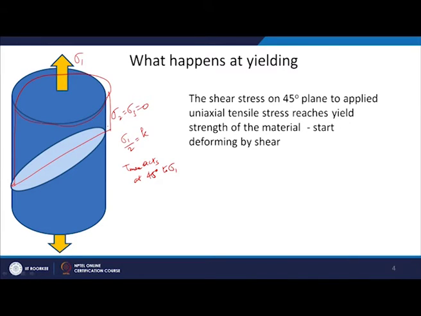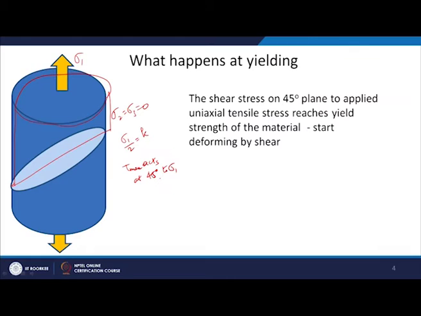So, there is a slip taking place, by which the upper part has slipped with respect to the lower part at 45 degree to sigma 1. When I reach the yield point, my material will shear, and that is how it shears.